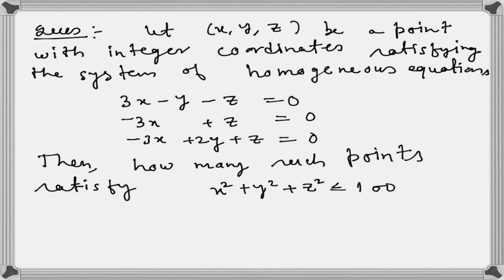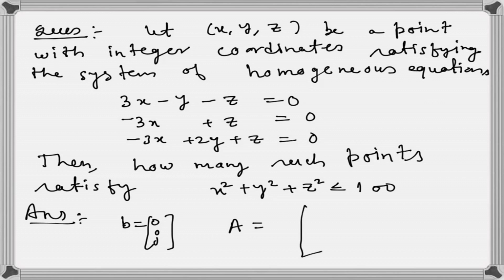Okay, so let's solve this. Here, if you see, these are a system of homogeneous equations. So a homogeneous system of equations has b which is 0. So here b is the 0 vector, and A is 3 minus 1 minus 1, minus 3 0 1, minus 3 2 1.